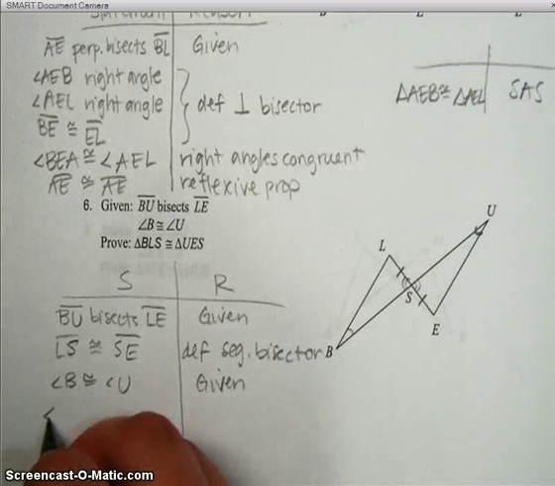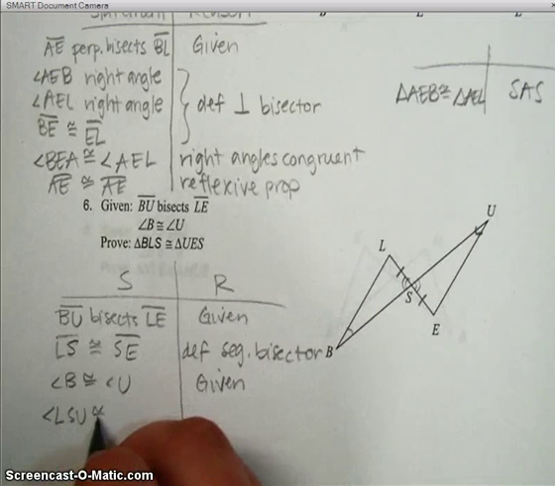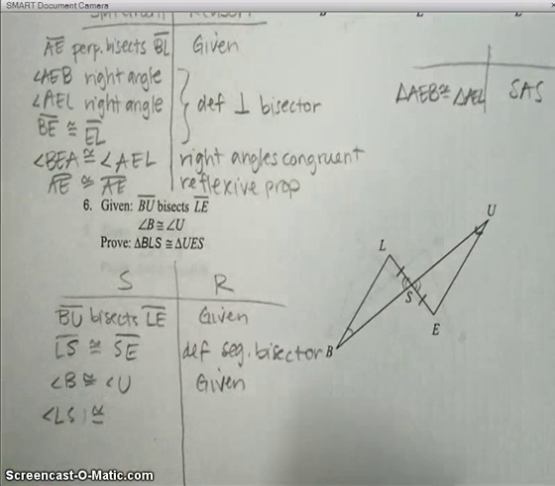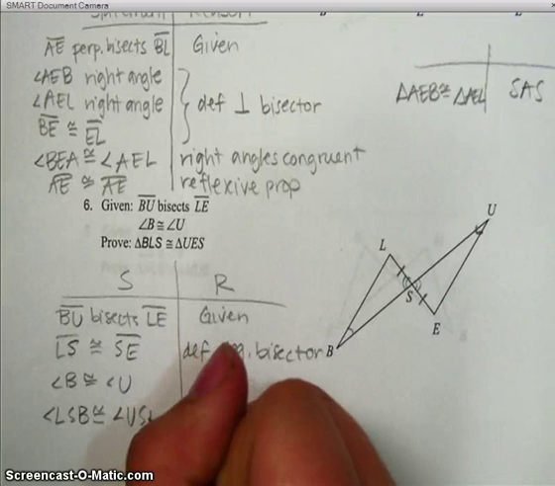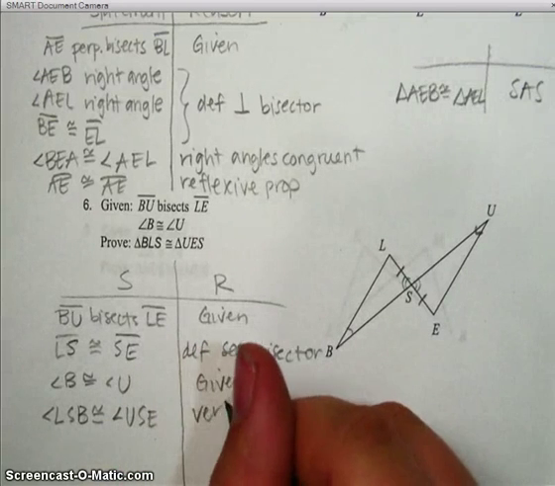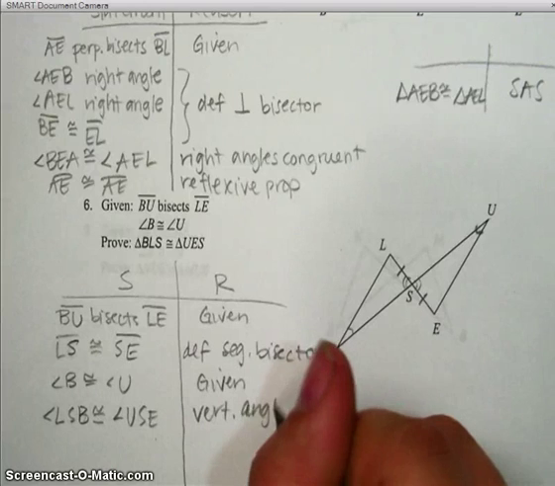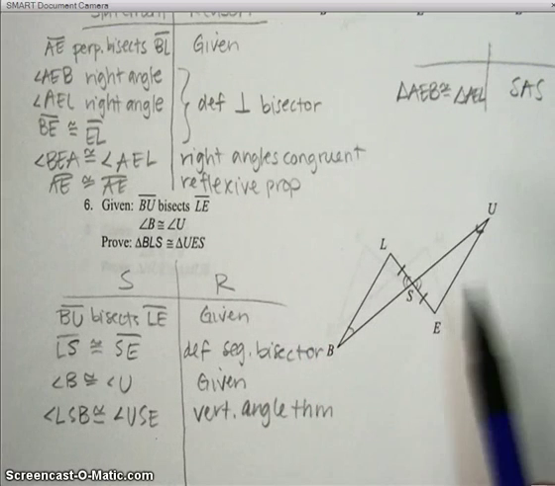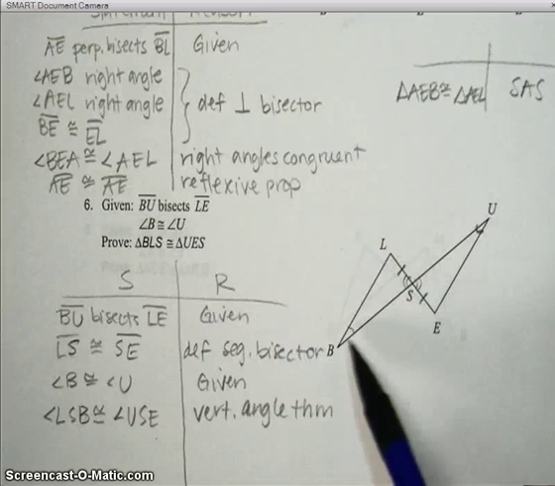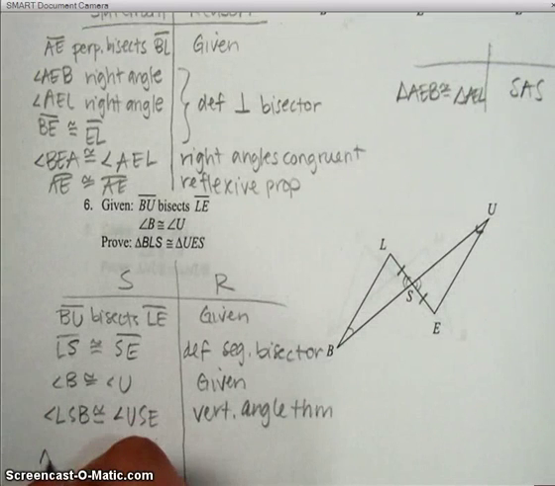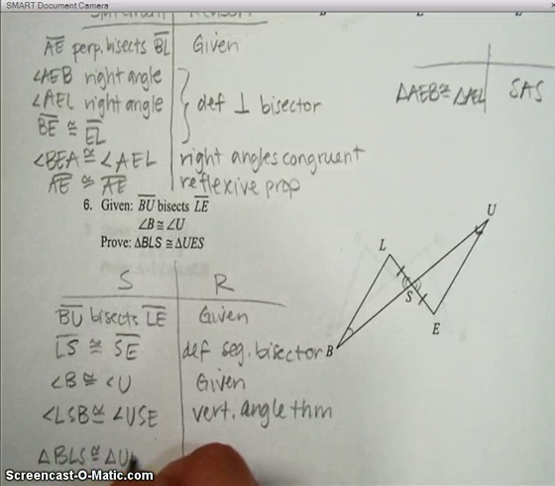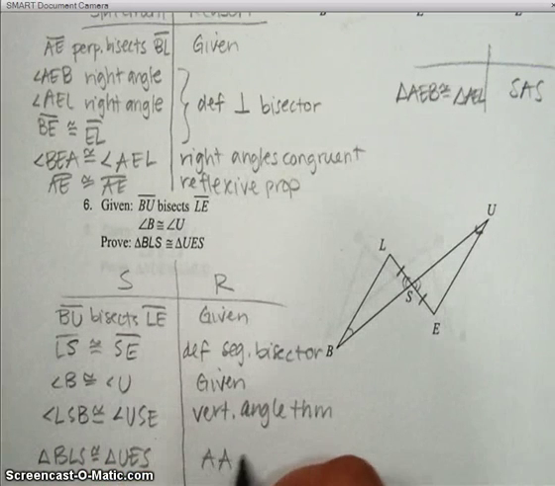And we said angle LSB is congruent to angle USE, and that's the vertical angle theorem. So looking at that, we have a side, an angle, and an angle. So we can say triangle BLS is congruent to triangle UES by angle, angle, side.